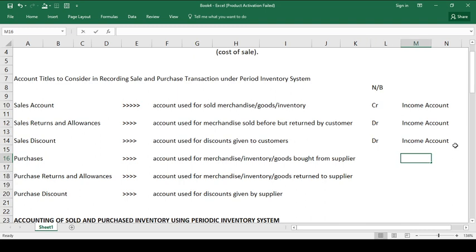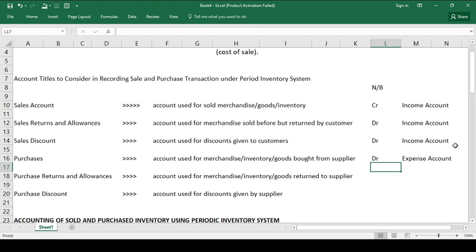Considering this is an expense account, take note, this is an expense account, guys, and the normal balance of a regular expense account is debit. So the normal balance of this account is debit.